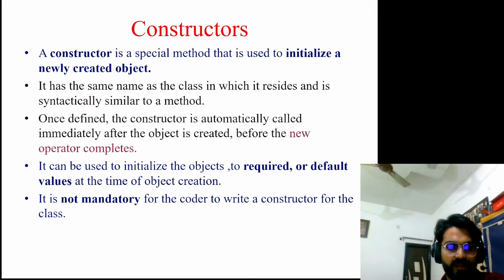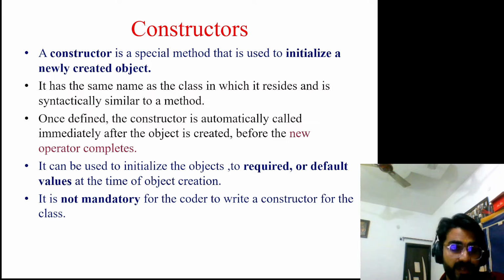You are already creating it. It has the same name as the class. Your constructor is a kind of method, but with the same name as the class and with no return type. So that's a basic rule for creating a constructor.